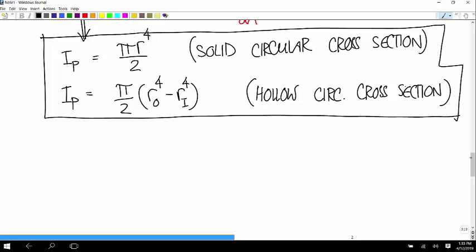And now, so now we're back to this formula that says tau capital X capital Y is equal to negative torque times rho divided by I sub p.